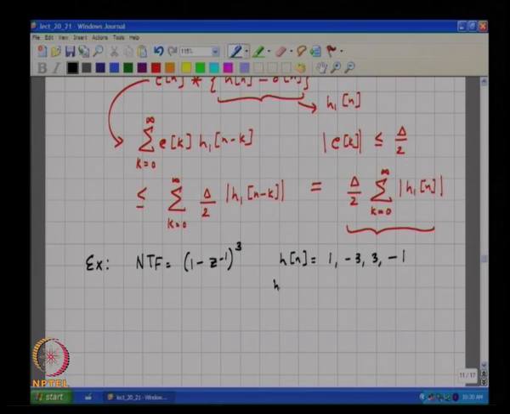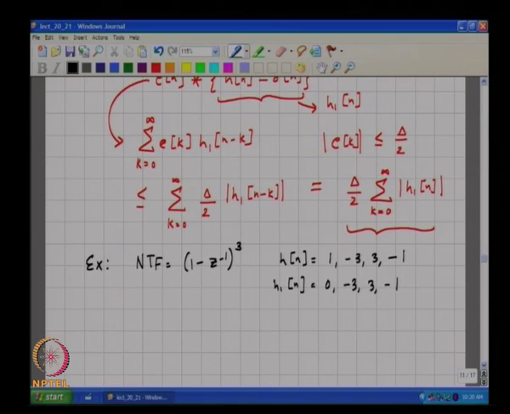So h1 of n therefore will be 0, minus 3, 3 and minus 1. So what is the upper bound on the noise process riding over the modulator input at the input to the quantizer? 7 delta by 2, okay.